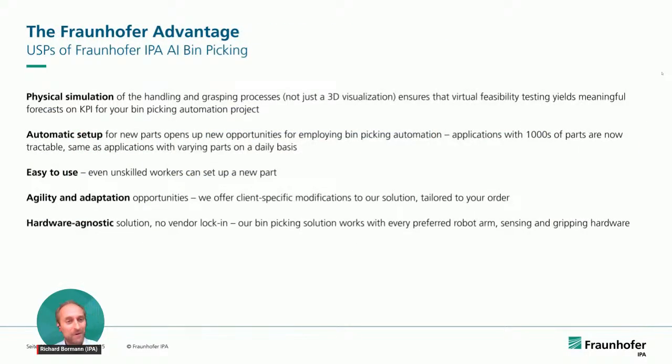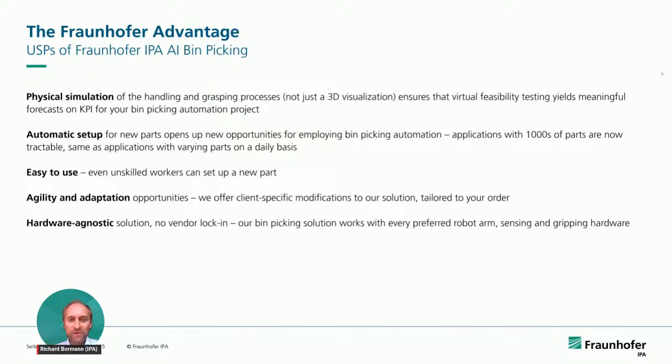So finally, because we are always asked, what is the USP of your solution? What is the advantage of using this? Our physical simulation, on the one hand, as shown, helps you to simulate all handling and grasping processes. And just to underline, this is not a 3D visualization of the process. It's a real physical simulation of the grasping processes. Don't mix it up.